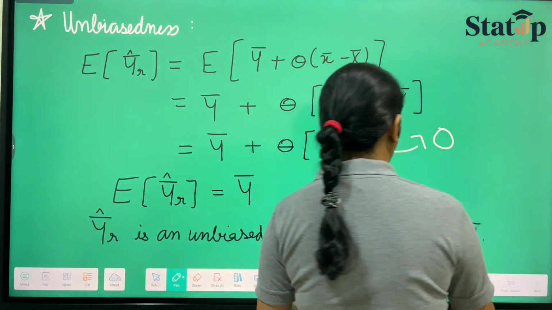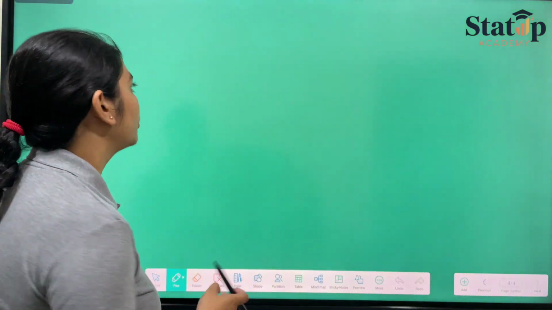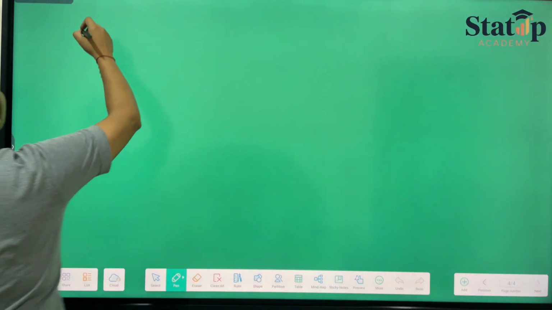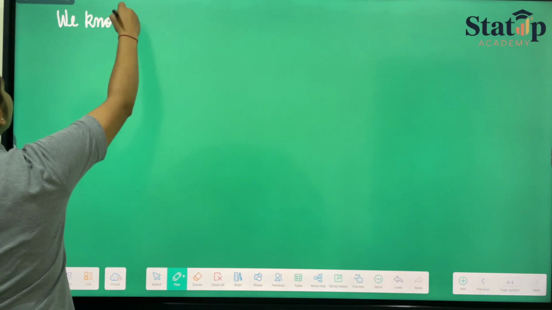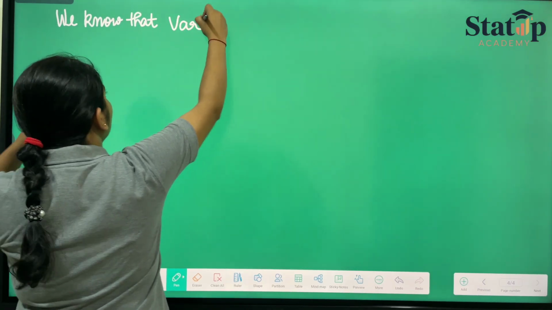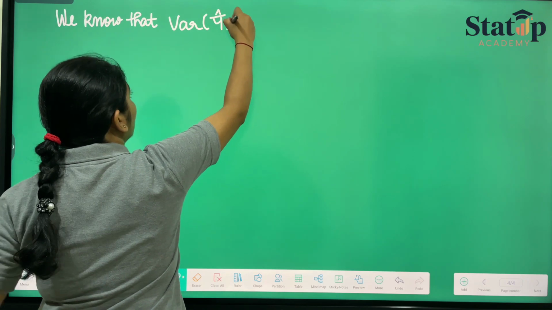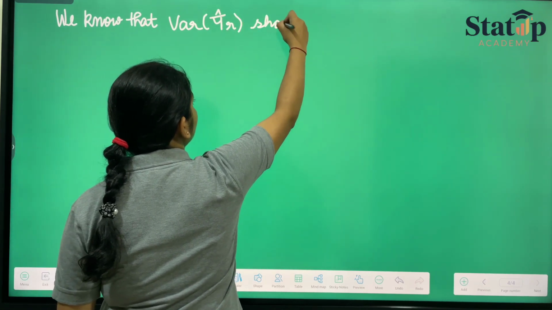Now first of all we have to find the value of theta in order to get the variance. So for the value of theta we know that variance of regression estimator should be minimum.